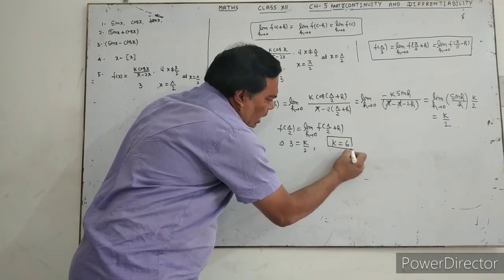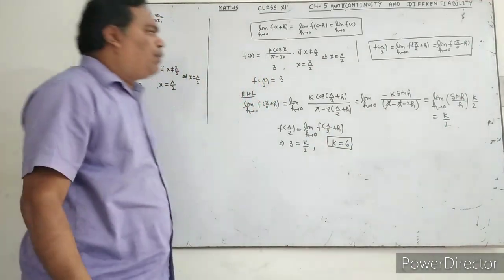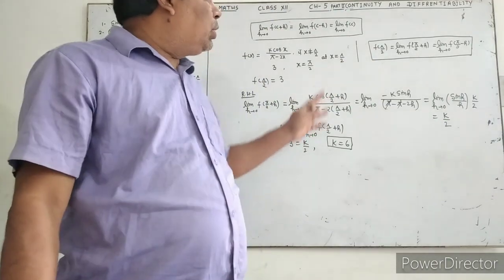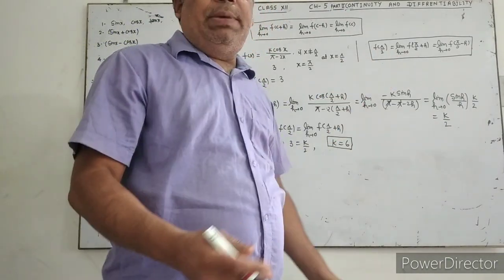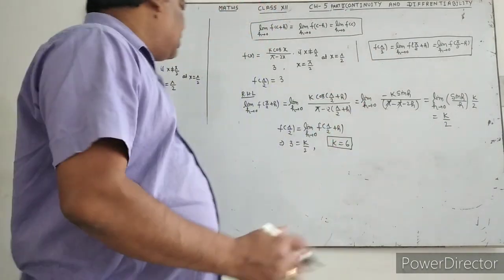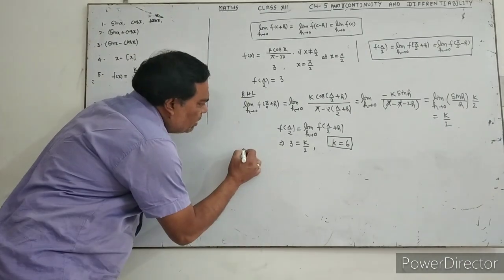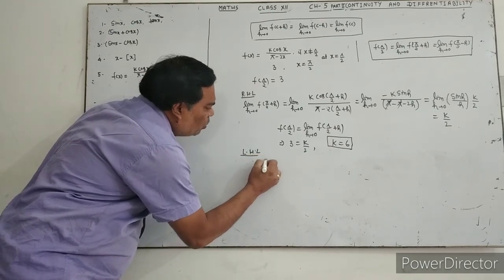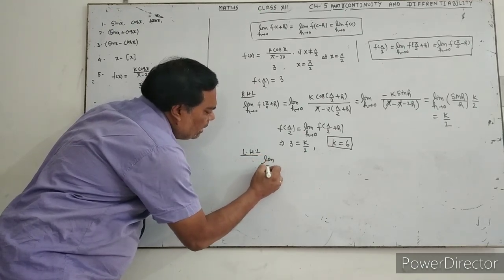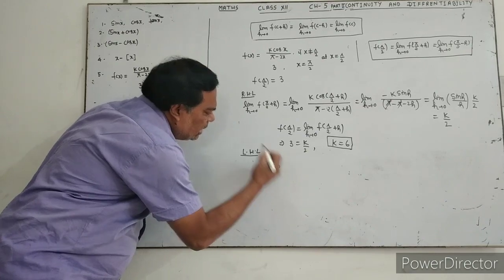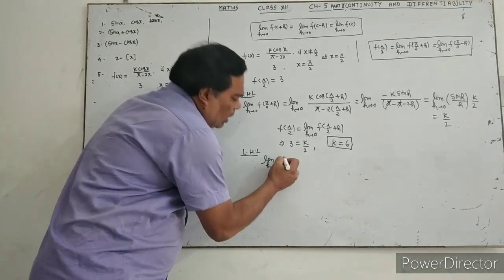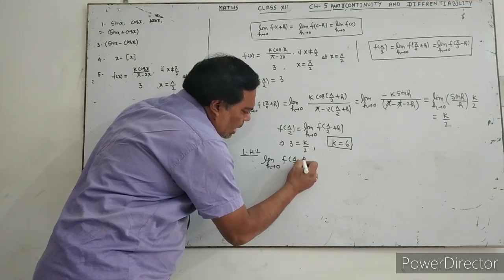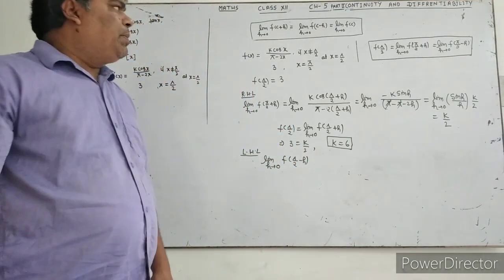Similarly, you can prove it by taking the left hand limit. In the exam, you need both the left hand limit and the right hand limit. Now the left hand limit equals the limit as h tends to 0 of f(π/2 minus x).